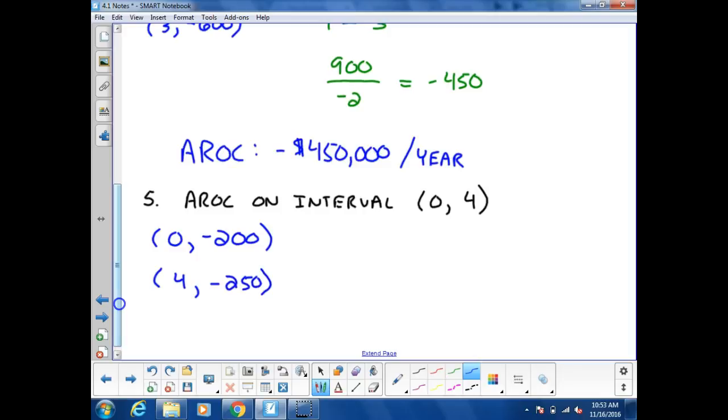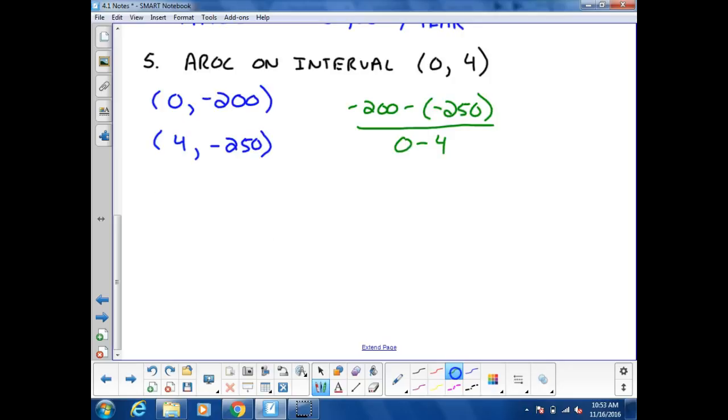Okay? So, that's going to be negative 200 minus negative 250 all over 0 minus 4, which is 50 over negative 4, which is negative 12.5, right?